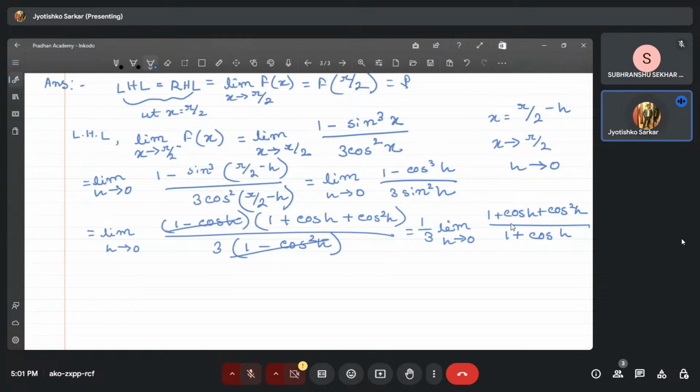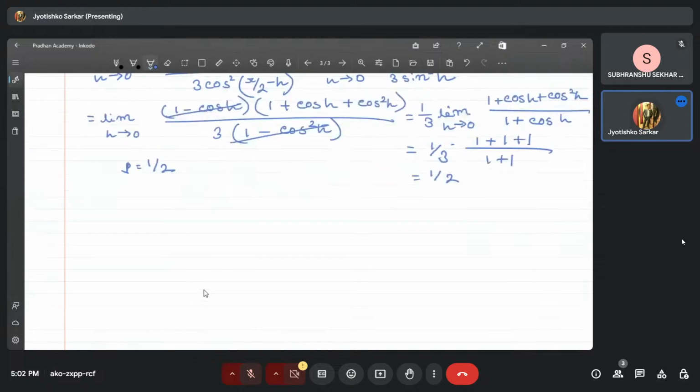Then you can easily put the value 0 here, and we will get 1 plus 1 plus 1, as cos 0 is 1, over 3 into 1 plus 1, so that is half. So this is our LHL. So from using 1, our P is half.